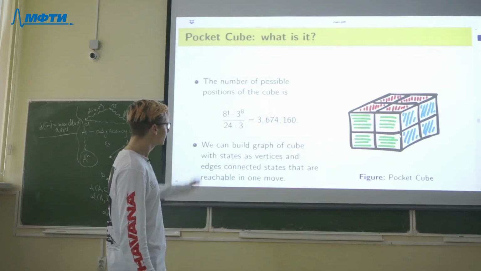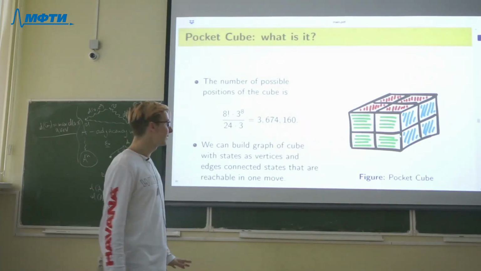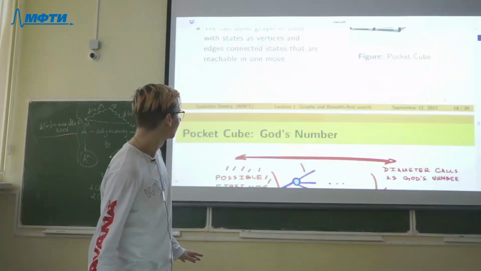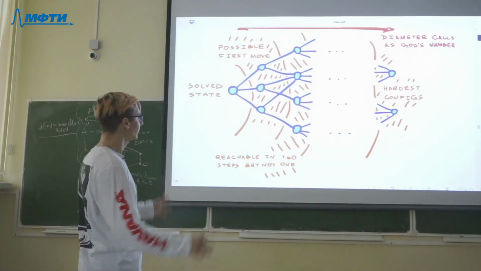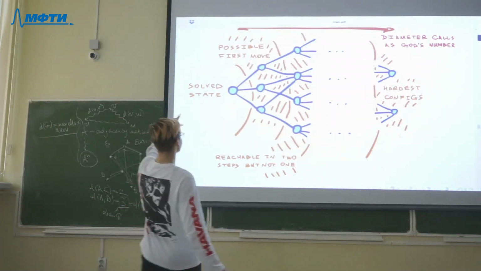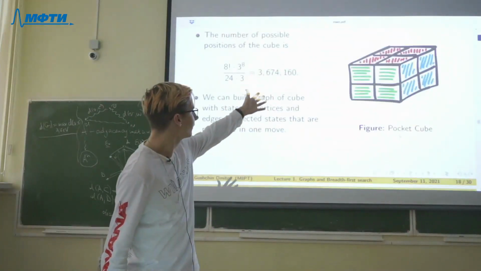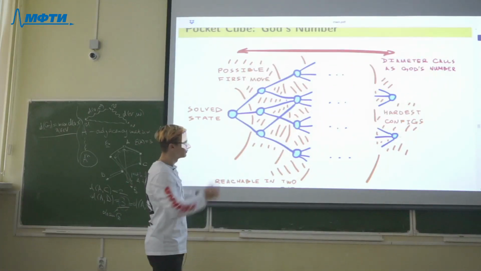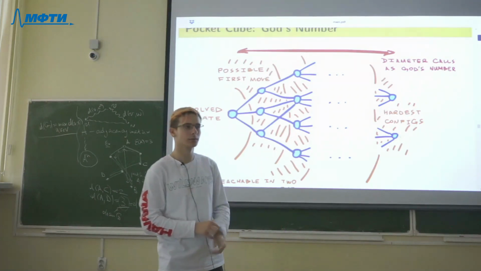Then it's a very small graph, of course, and we can understand what is the structure of the graph. For example, we have the solved state. On the figure, it's the solved state. Then we can make a transformation of the cube.